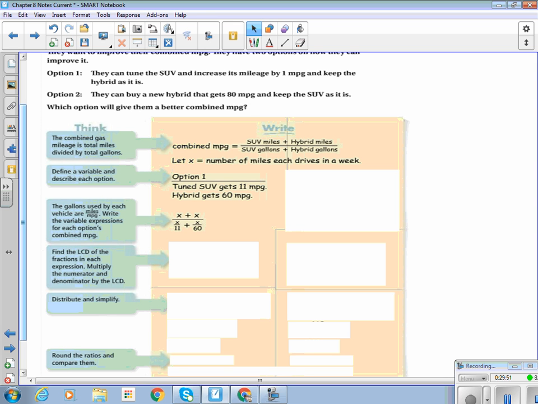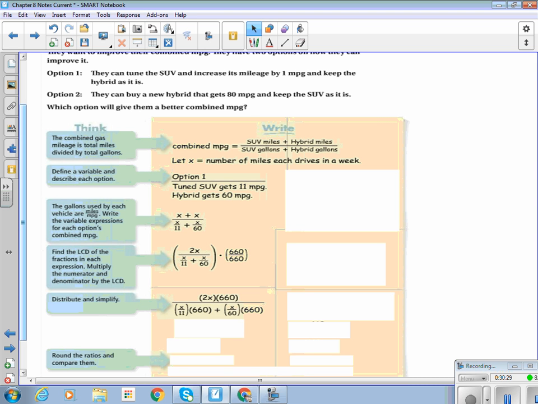And so now we're going to find the least common denominator of 11 and 60. They don't have any common factors, so you just straight up multiply 11 times 60, which is 660. But x plus x does equal 2x. So we get 660 times 2x over 660 times both of our terms here.